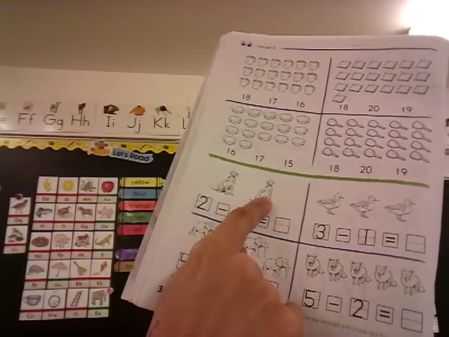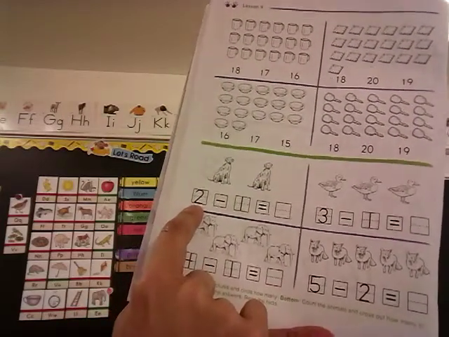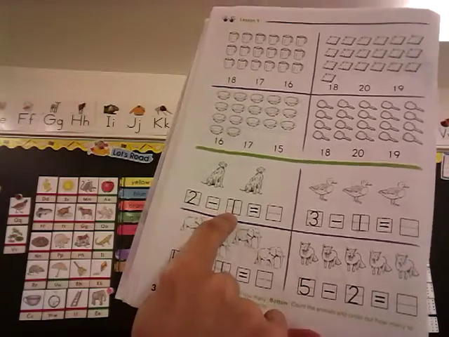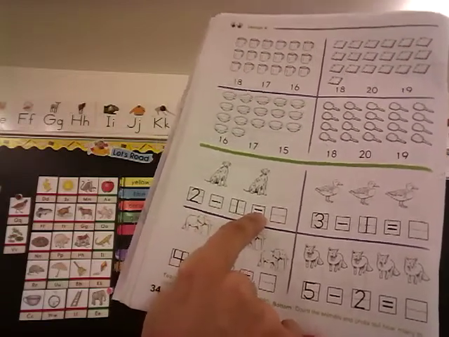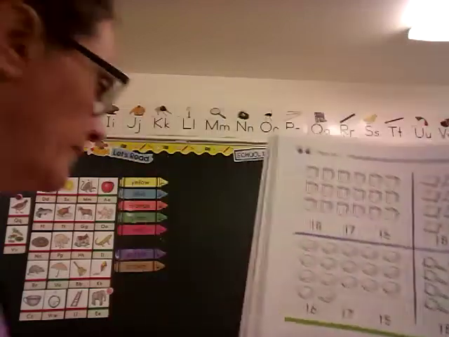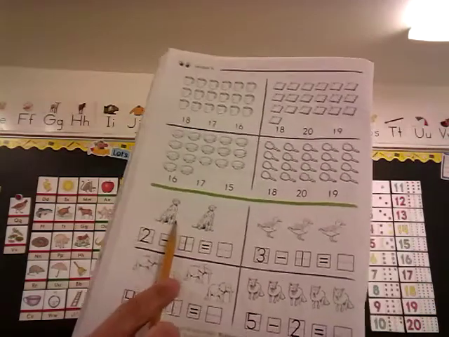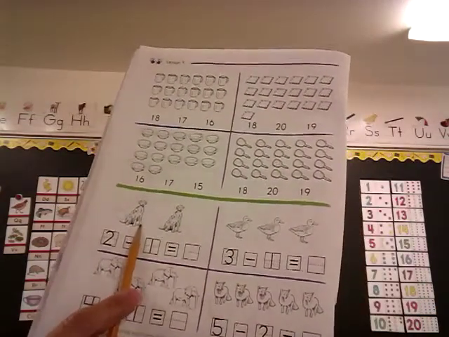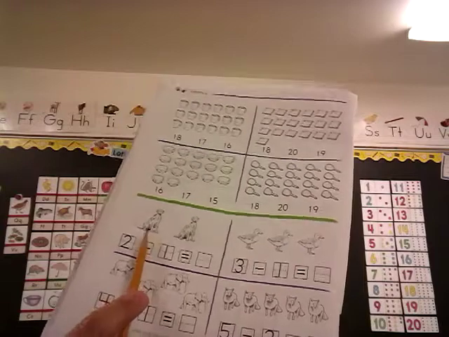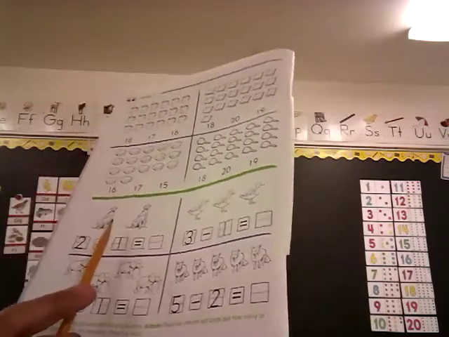So 2 dogs, they got a 2 right here, minus 1 dog equals how many dogs? Let's say, which one of the boys here? Grant.